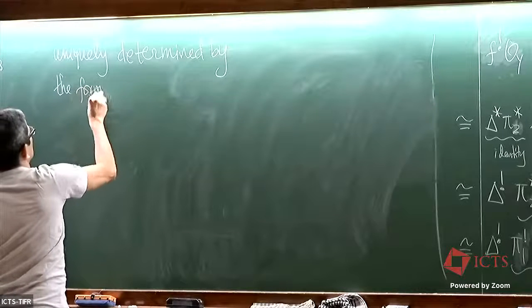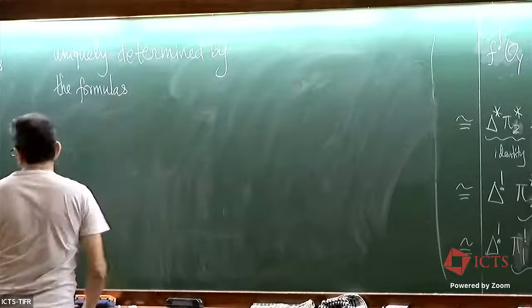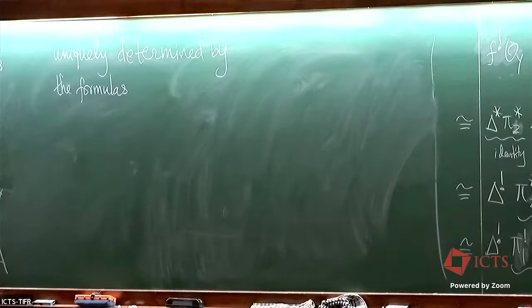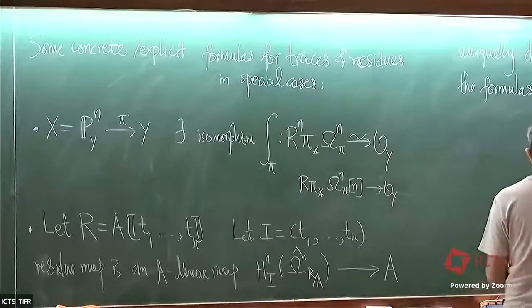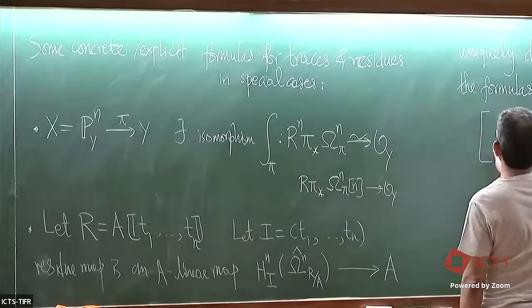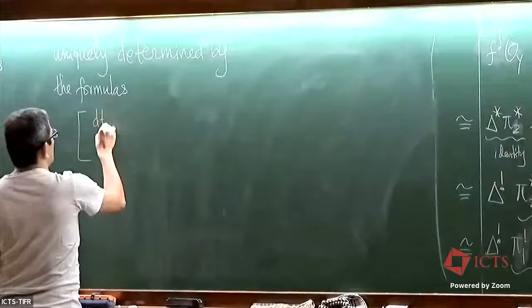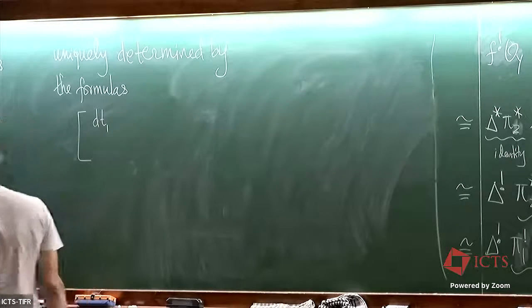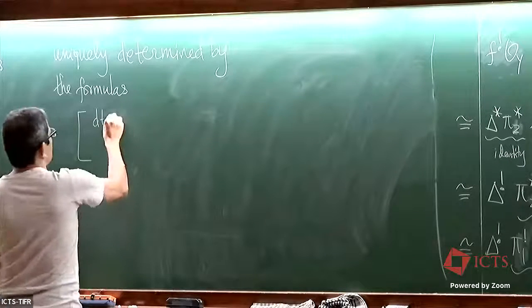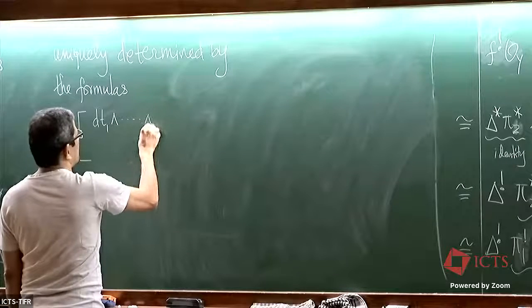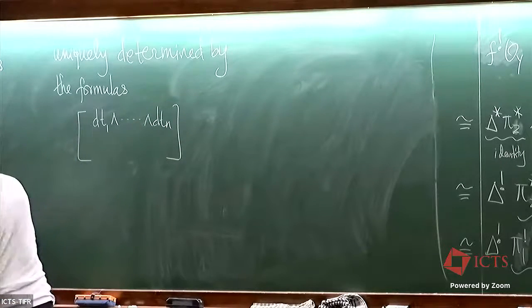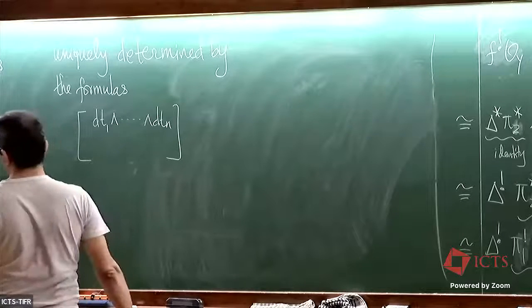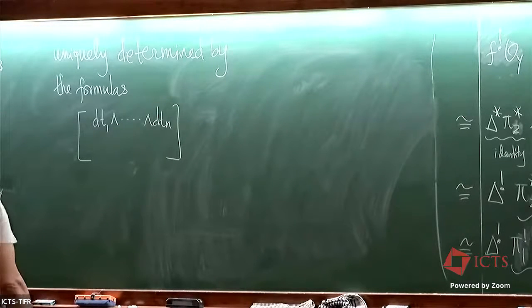Formulas. So I want to take a typical element here, but I'll break down that typical element, and so I will just give what is happening for only some fractions, and those fractions are of the form dt_1 wedge ... wedge dt_n, because that's the nth form, and then the generalized fraction has denominators coming from here.